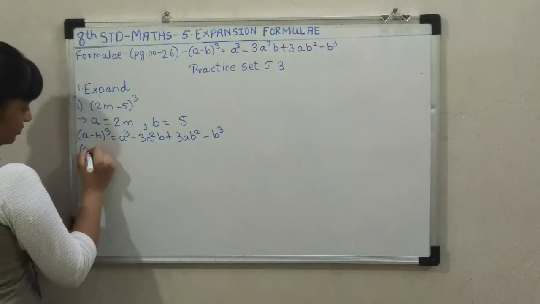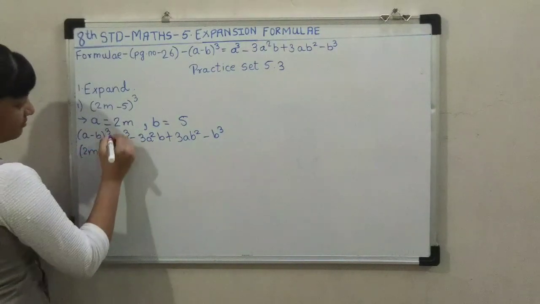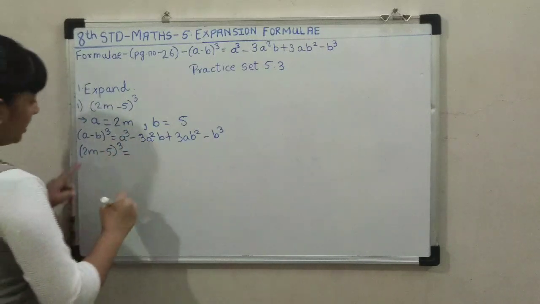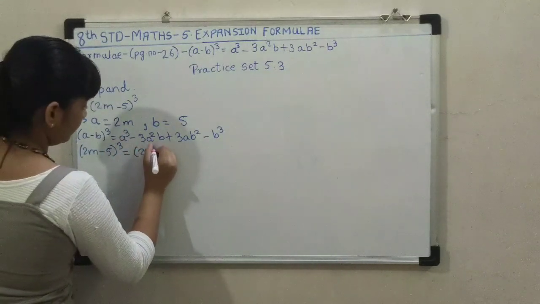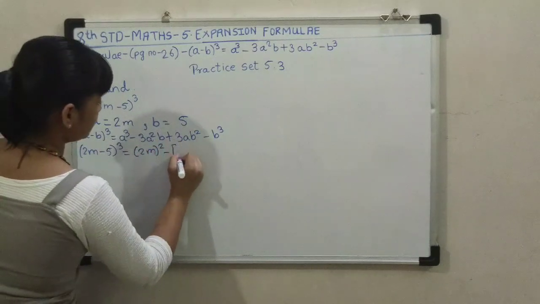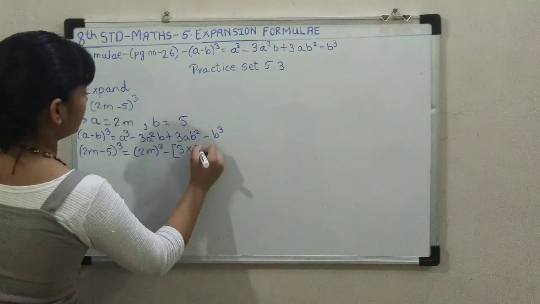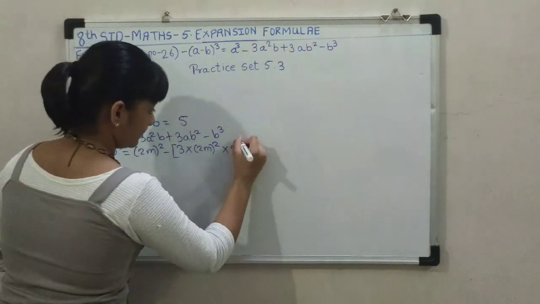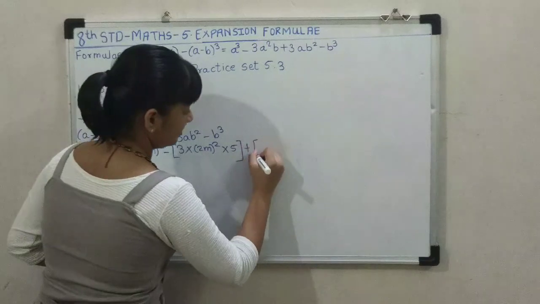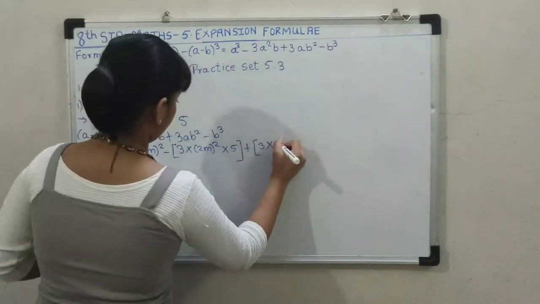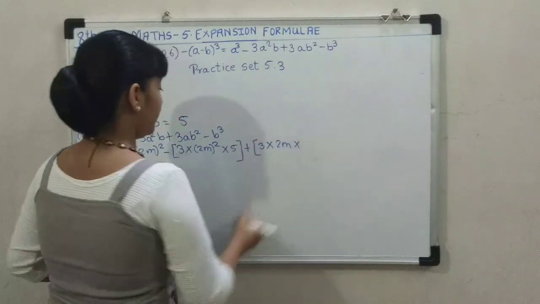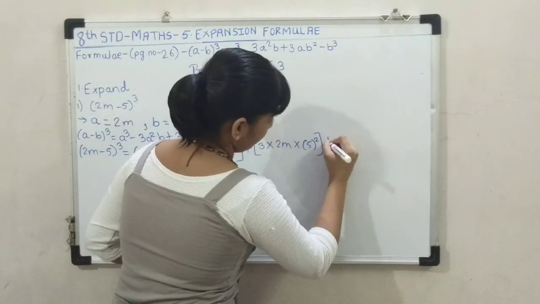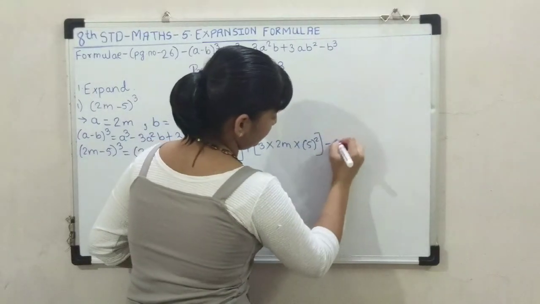Here a is 2m and b is 5. So (2m − 5)³ = (2m)³ − 3 into (2m)² into 5 + 3 into 2m into 5² − 5³.